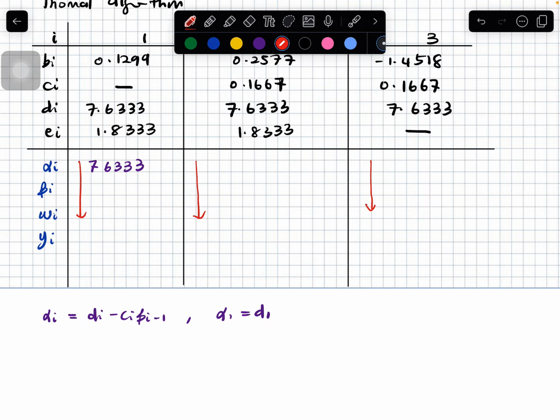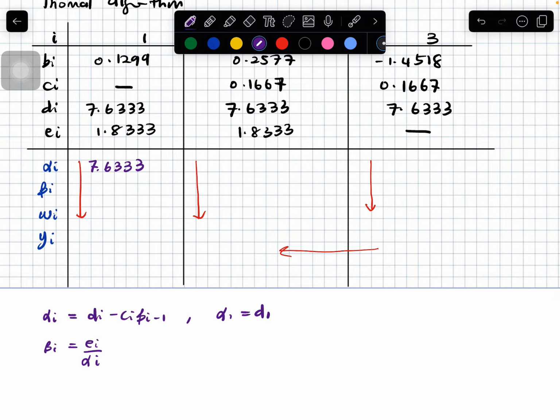Lastly, after you obtain all the values of alpha, beta, and w, you can proceed to find y in backward style. Okay. So we want to find the beta value. Based on the formula given in Thomas algorithm, beta i is e i over alpha i.